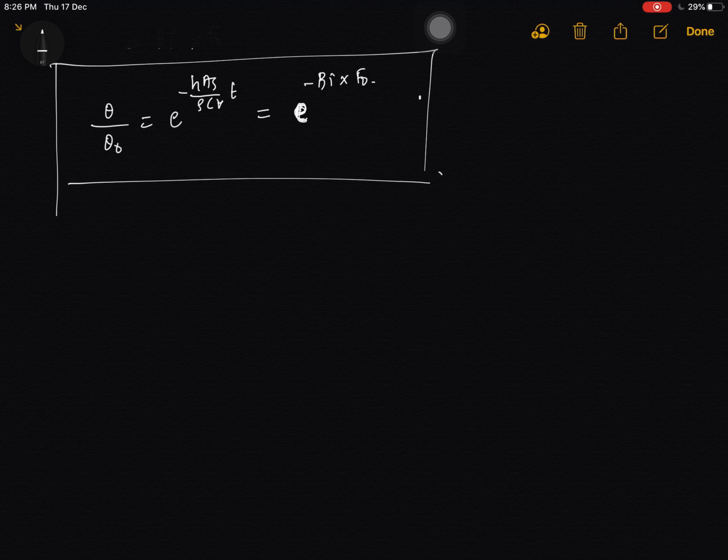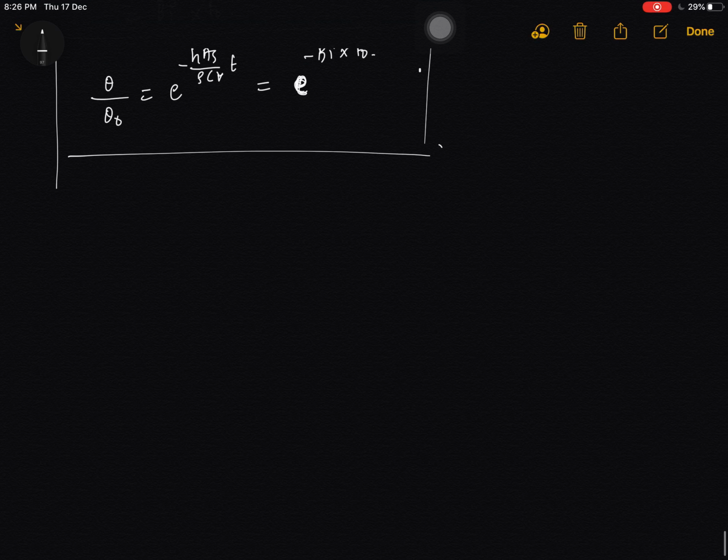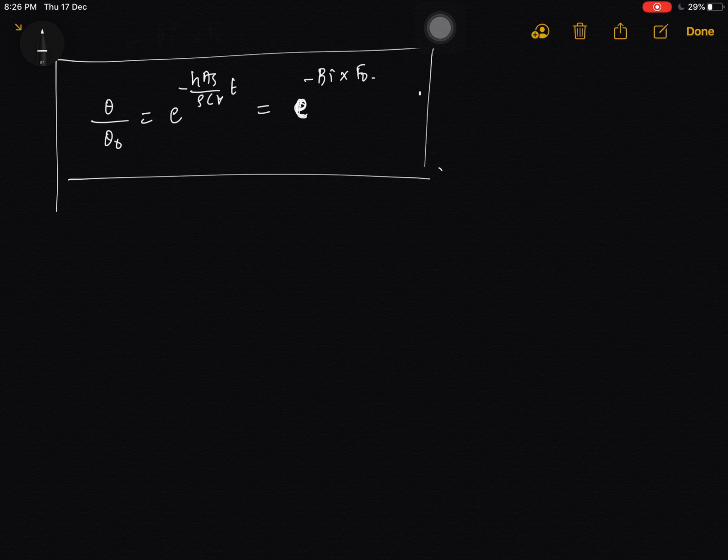Okay, so that's it. So we were dealing with some body which is at a temperature T, and out of which some fluid is flowing at temperature T infinity, which is very much less than the temperature of the body.